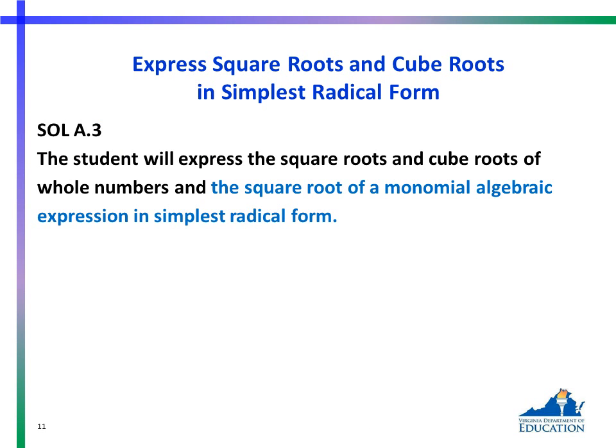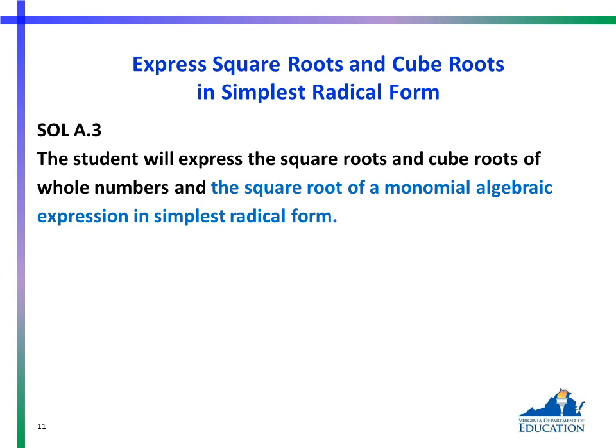The next standard being highlighted is SOL A.3. This standard reads, the student will express the square roots and cube roots of whole numbers and the square root of a monomial algebraic expression in simplest radical form. In the Spring 2012 Student Performance Analysis, students had difficulty understanding how to calculate or simplify the cube root of a whole number.